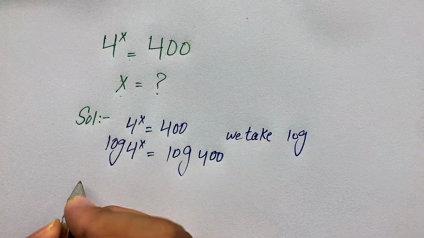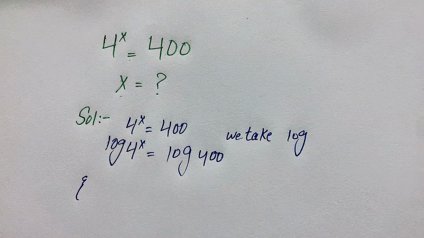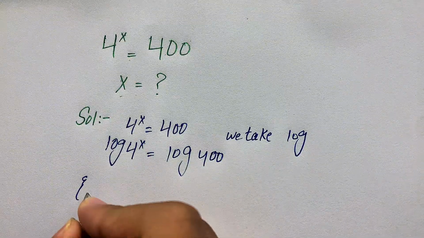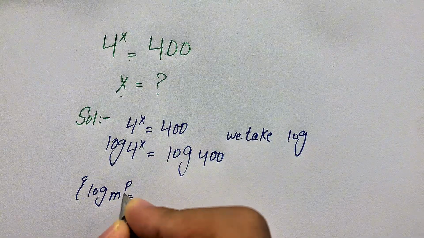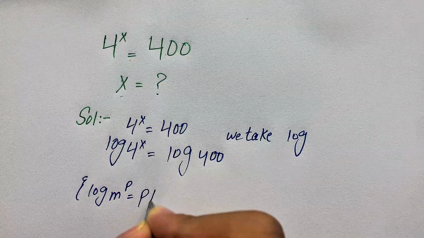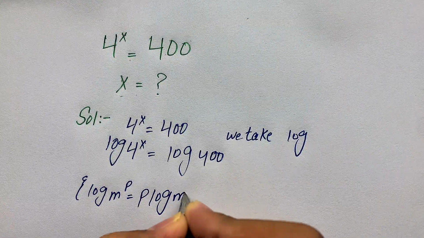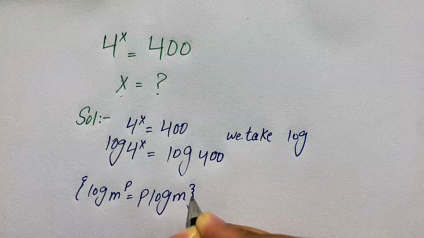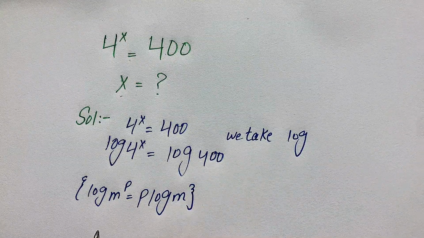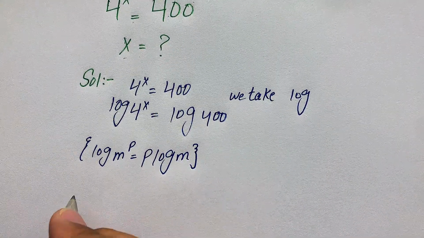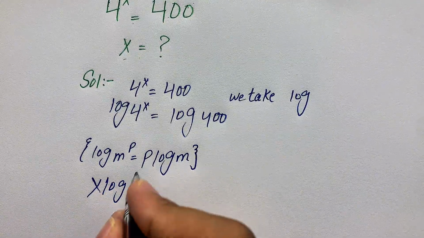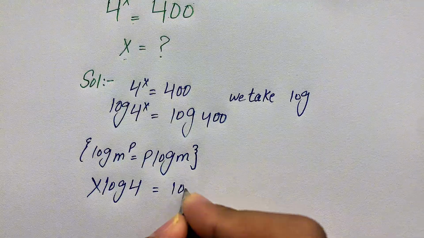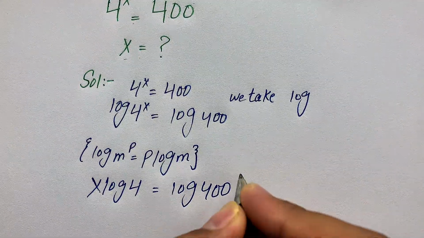Now, as we noted, we use this formula in this position: log of m^p is equal to p log of m. Now, x log of 4 is equal to log of 400.